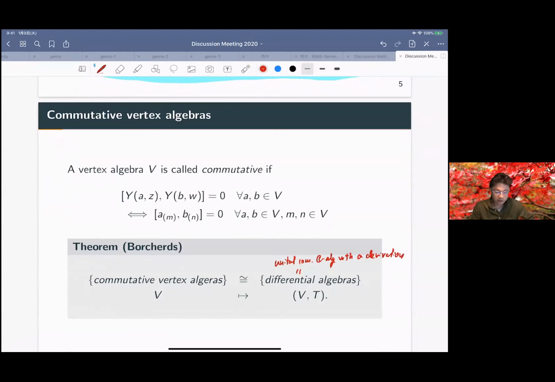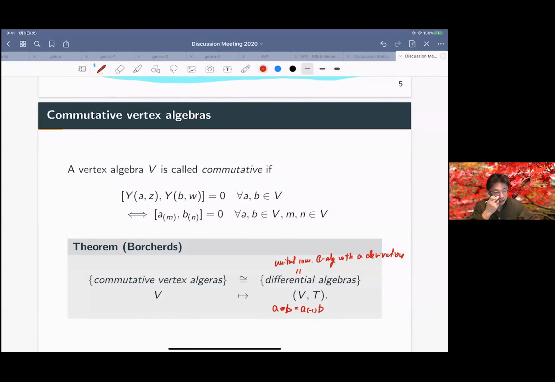So it's a commutative algebra with a derivation. The commutative algebra associated with the vertex algebra is the vertex algebra itself. The multiplication is defined by this -1 product.